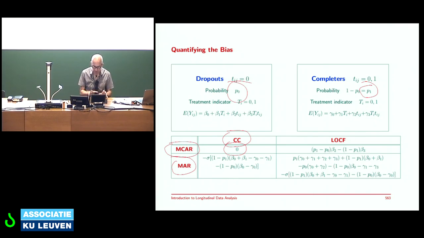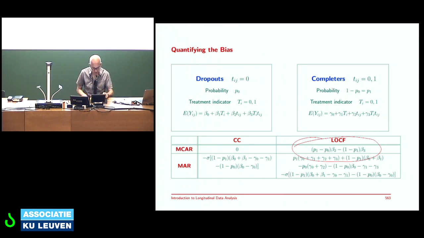So what we see in the bottom table is not just the treatment effect, it's the bias of the treatment effect. So 0 is good, and we see only 1 0, which tells us that already under missing completely at random, LOCF is biased, which many people don't realize, overlook, but that is the case.